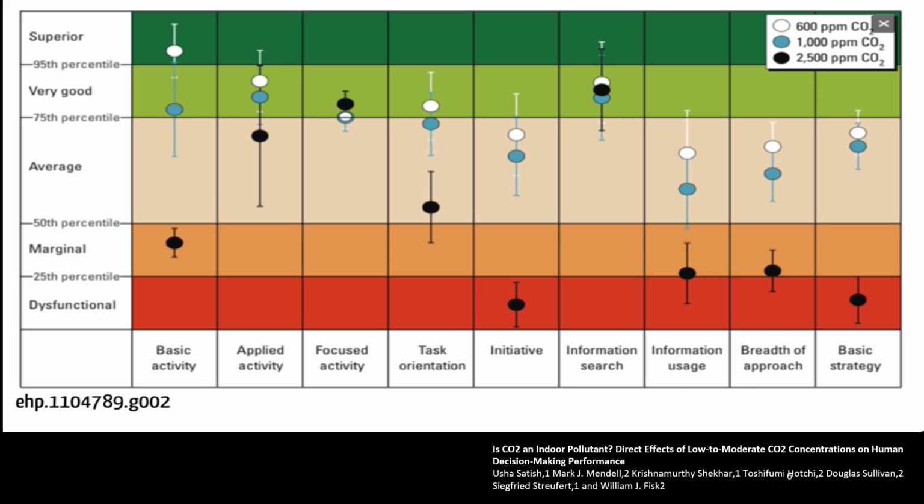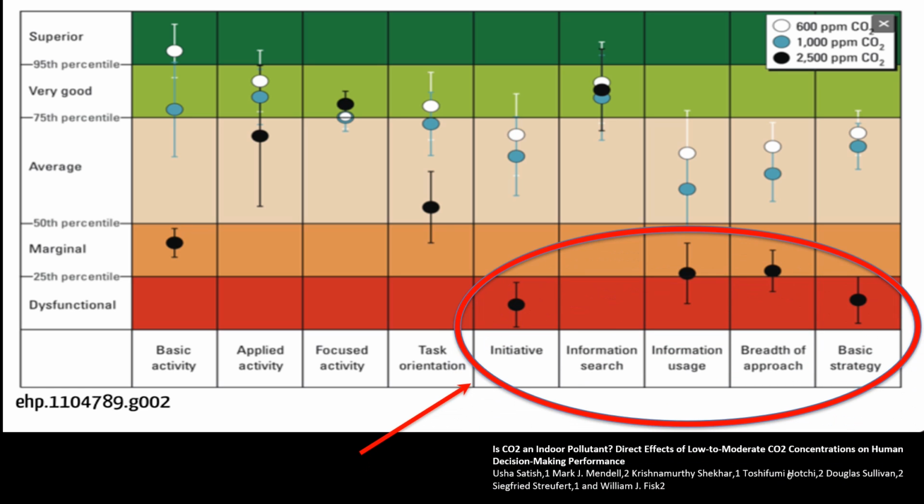So what we know is that different parts of this brain, each of these channels behaves differently depending on the carbon dioxide level in the room. So you can see in this particular example, when the carbon dioxide in the classroom is at 600 parts per million, students tend to perform fairly well.